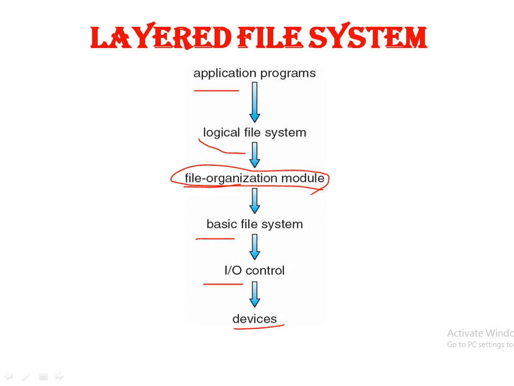File organization module knows about files and their logical blocks as well as physical blocks. By knowing about files and their logical blocks, the location of the file, the file organization module can translate the logical block addresses to physical block addresses for the basic file system to transfer.